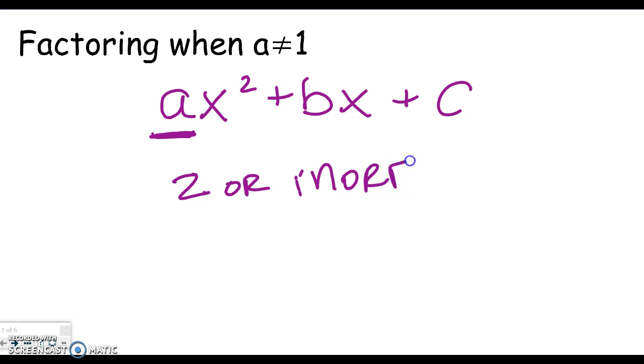Okay, and we have to deal with that number now because it does make a difference when we go to break this up into our parentheses. All right, that number factors into what the numbers in the parentheses are going to be. Okay, so we're going to talk about how to go about that process using the grouping method that we previously learned in class. So let's take a look at an example.